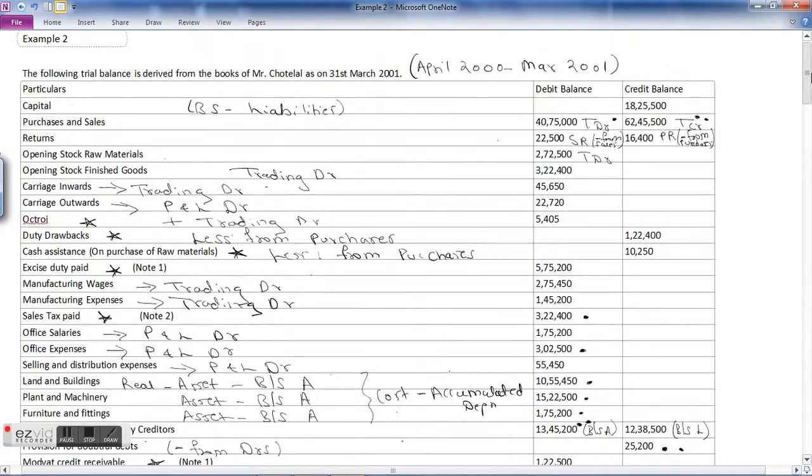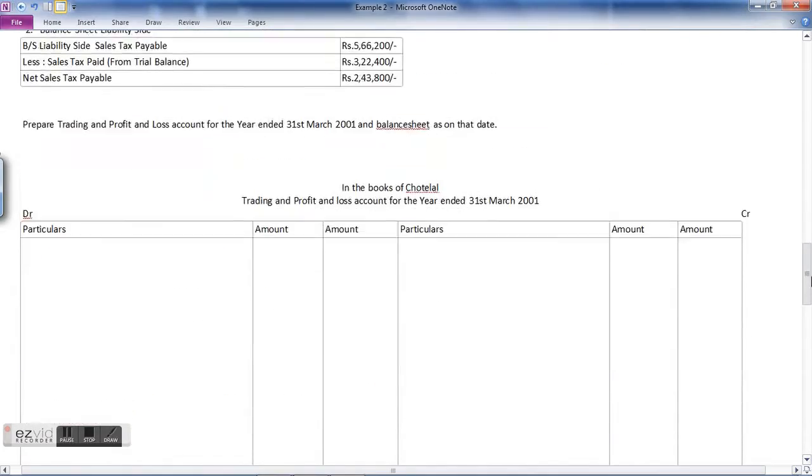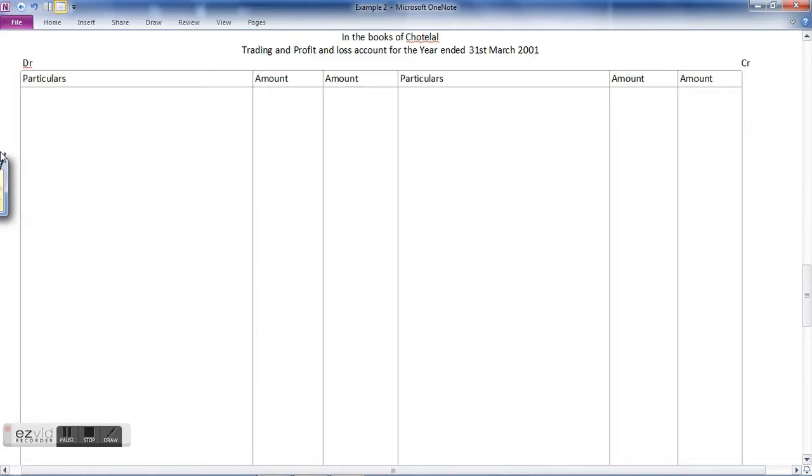Okay, next is purchases and sales. Purchases, you are showing a debit balance of 40,75,000, so I'll put it here to purchases in the trading account. I'll put it inside since there are some adjustments related to purchases. 40,75,000.